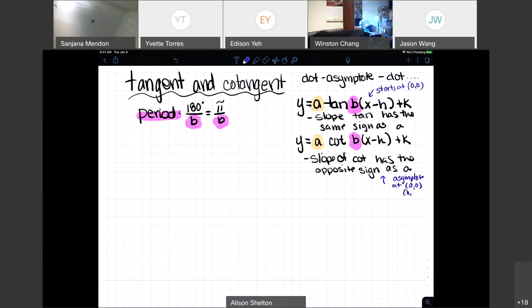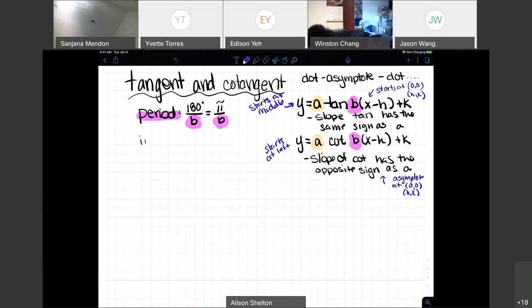So this might be h, k if it's not 0, 0. So the tangent starts in the middle. And the cotangent starts at the left of a period.